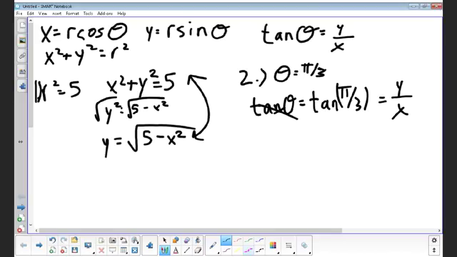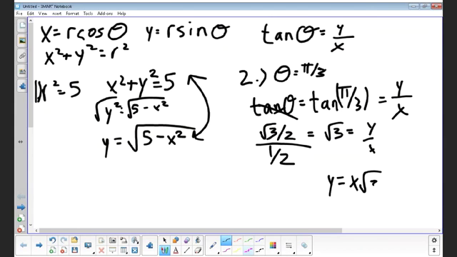So, the tangent of pi over 3 is, let's see here, sine over cosine, sine pi over 3 is root 3 over 2, and the cosine is 1/2, this comes out to root 3, and that will be equal to y over x. So our Cartesian equation, y equals x square root of 3. Like we said before, just a line with a given slope. Nothing too revolutionary about that.